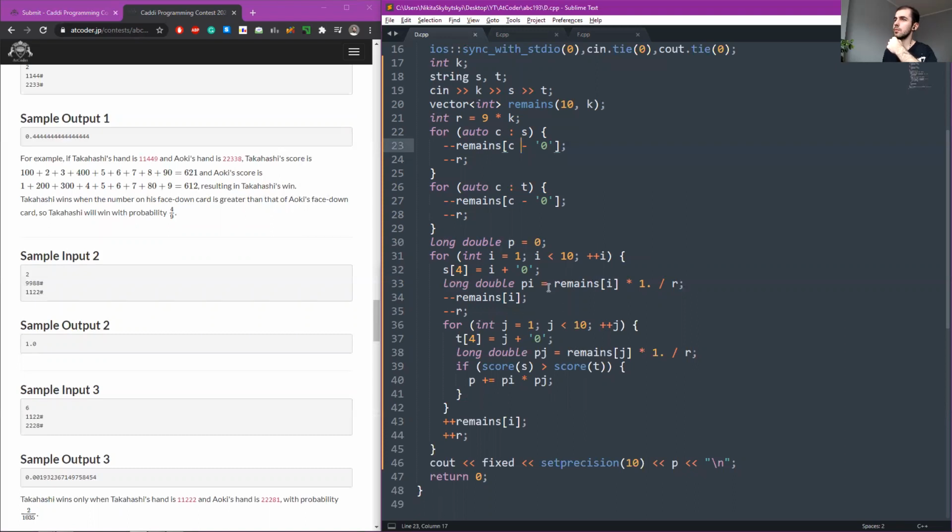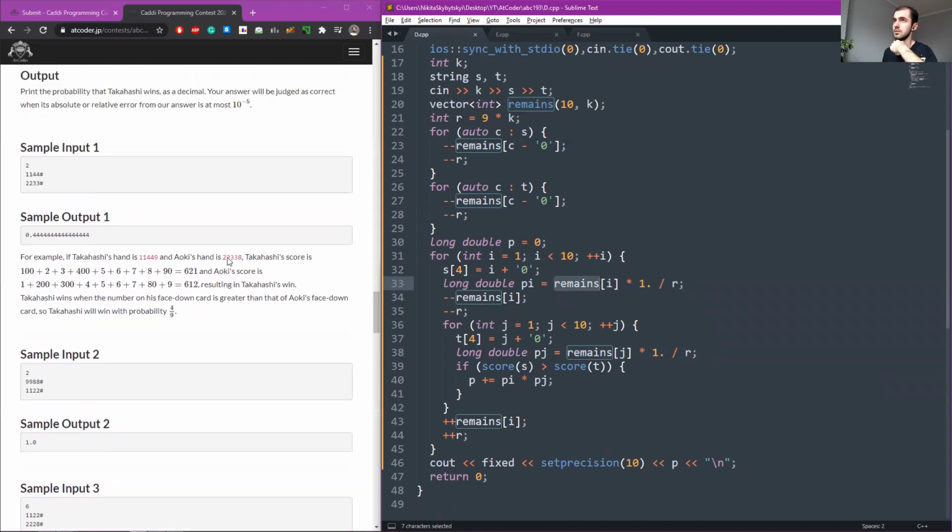Because even if he wins in every scenario, then here sum of this over R is 1. Here, sum of this over R is 1. How is it even possible? No, I don't understand.